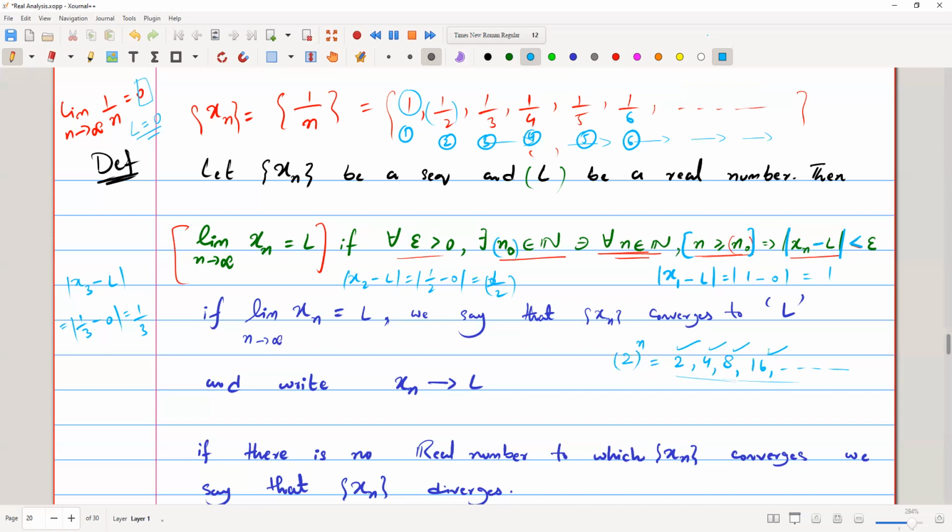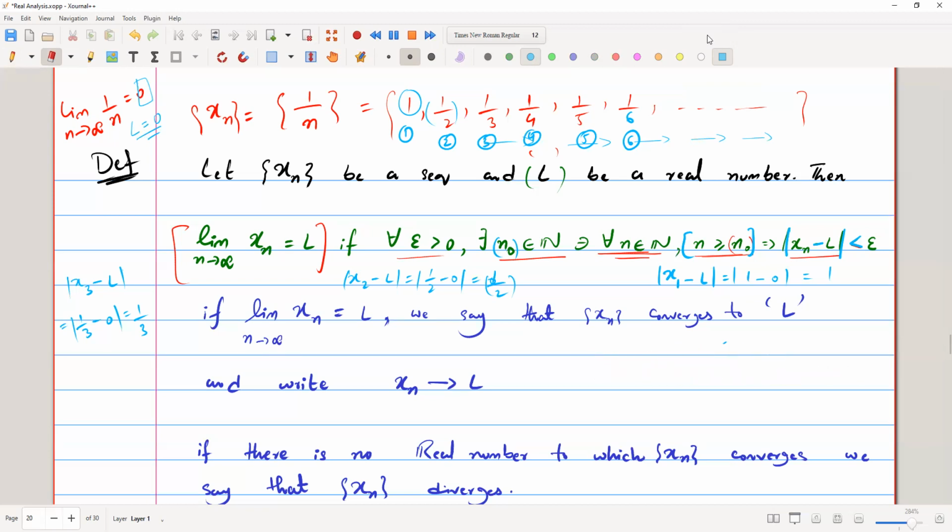It's not going to converge anywhere. It's going towards infinity. So these kinds of sequences cannot be convergent. They are not going to converge at any point, so they do not qualify this definition.